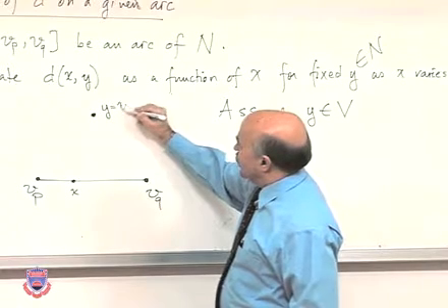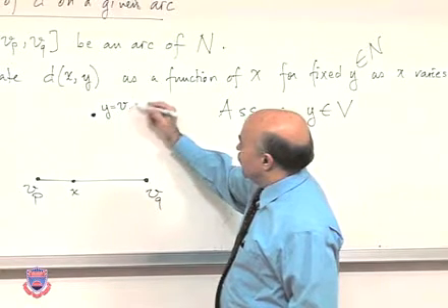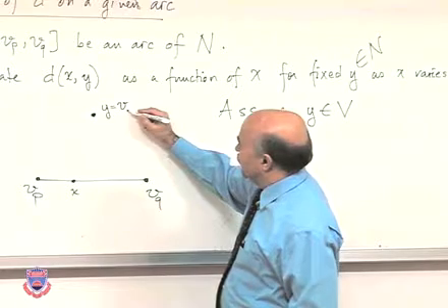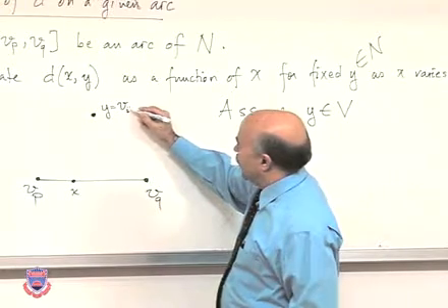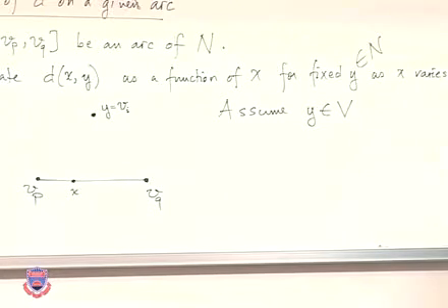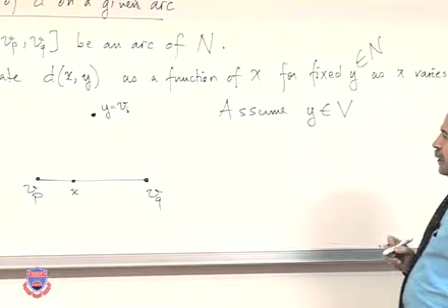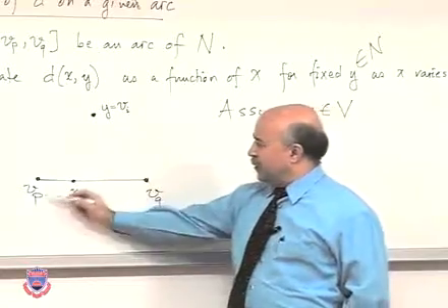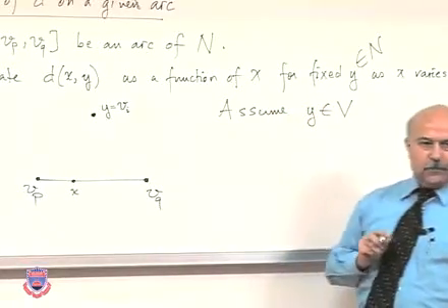So it's going to be some vertex, say vi, okay? And i can be p or i can be q, that's permitted.